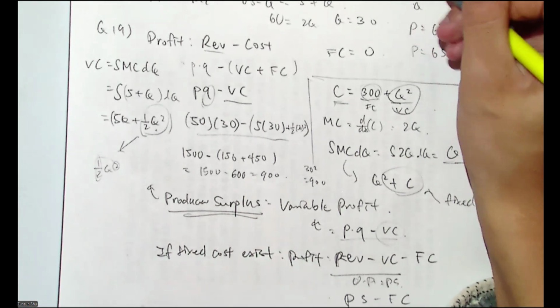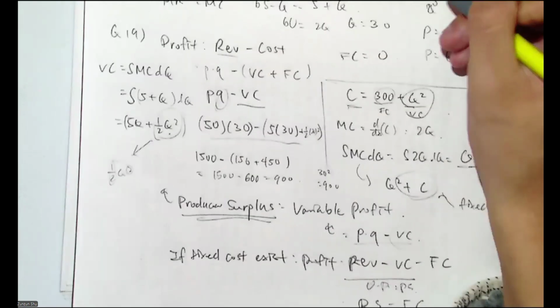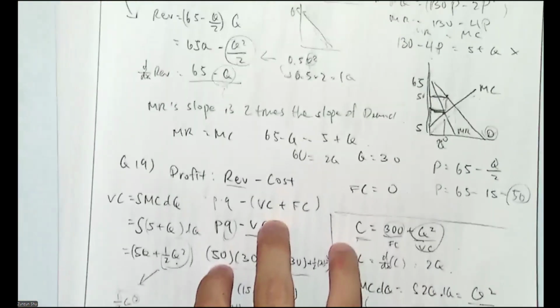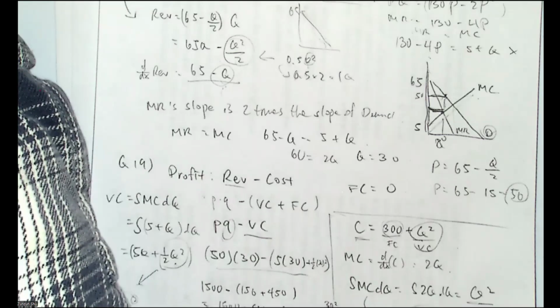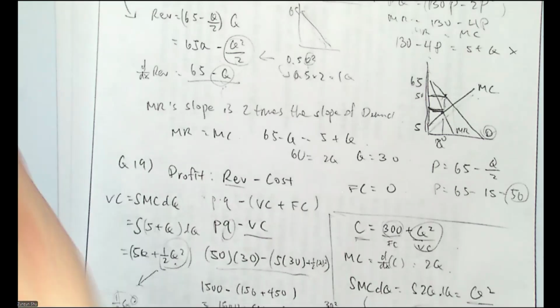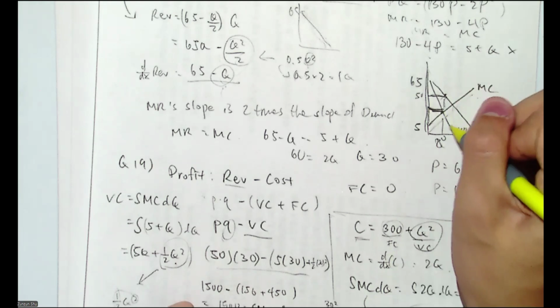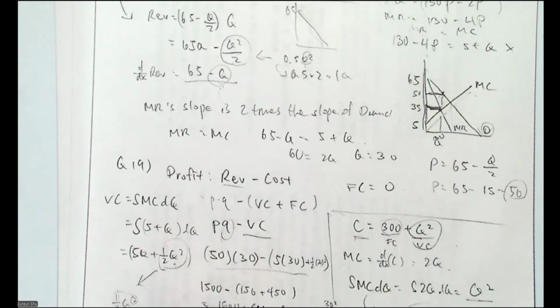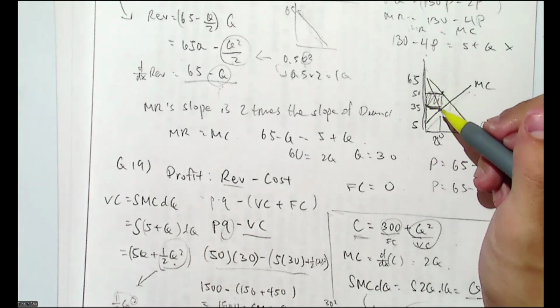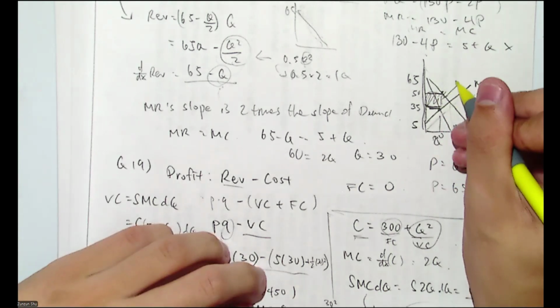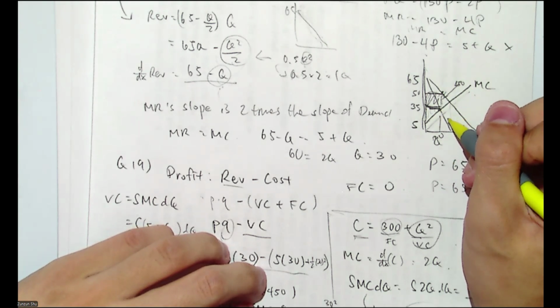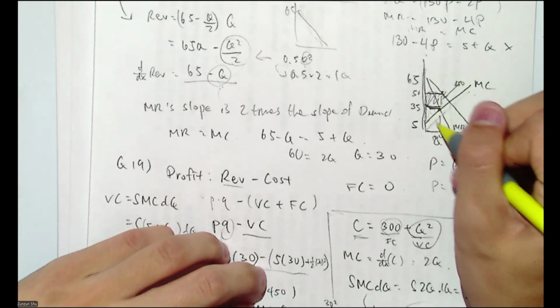Okay, but I mean, if you want to use it here, just a quick math. This number is 50, right? This number is 30, and this number is 5. I haven't done this before yet, but this marginal cost, so this is 35, right? So this part is 450, and this part is 30 times 30 divided by 2, so also 450.